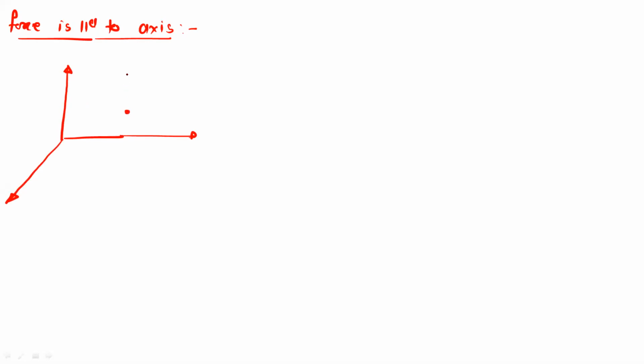So this is the point, and the force is acting in the negative y direction. So suppose this is the y-axis, and it is parallel to the y-axis. The force is 50 Newton.